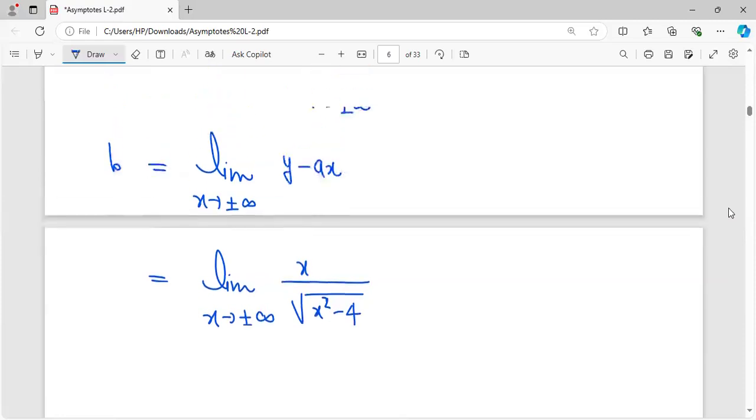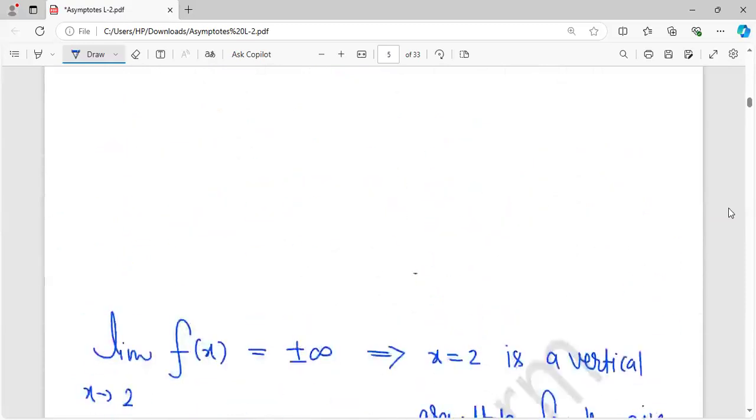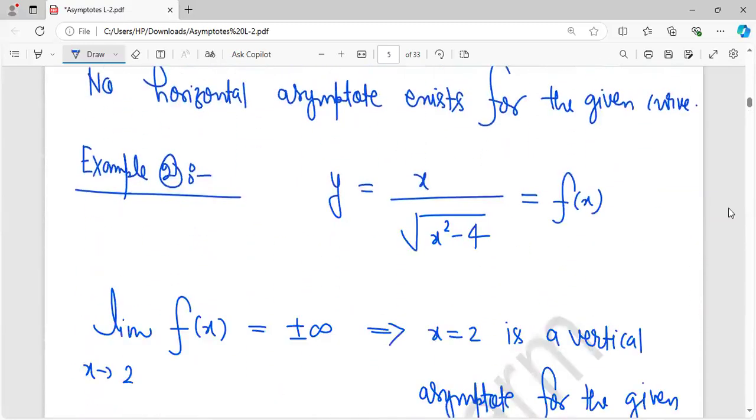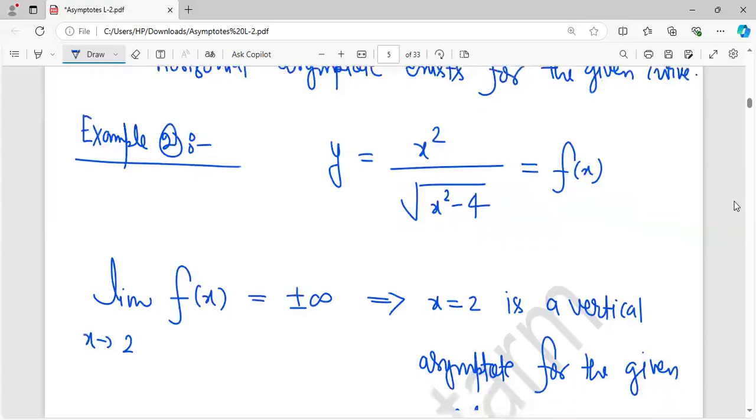Sorry, I have taken the wrong question actually. I should take x² here. If I take x², the limit is plus-minus infinity as x tends to 2, so x = 2 is a vertical asymptote.